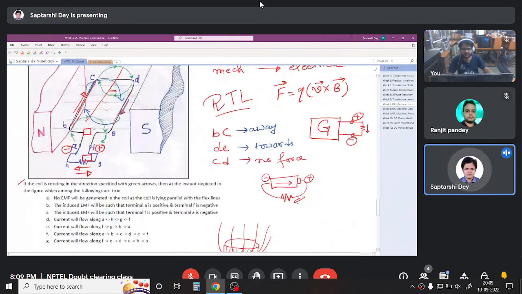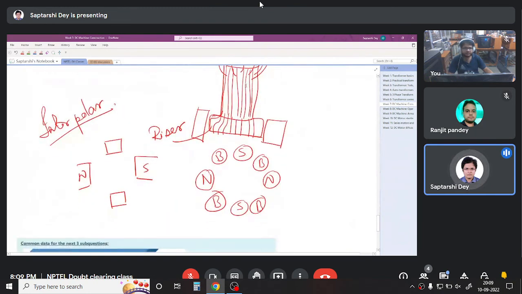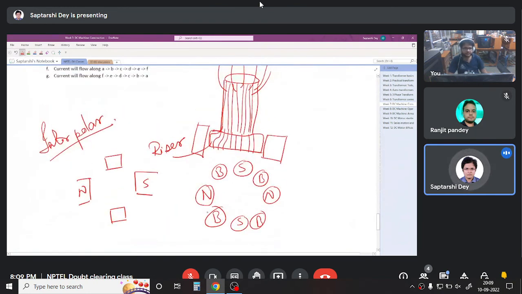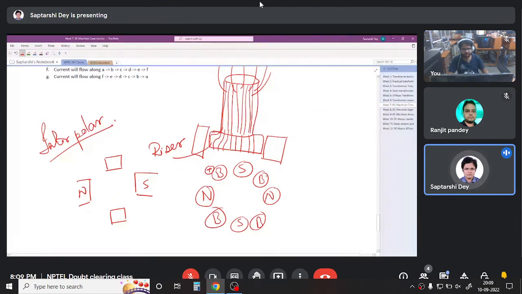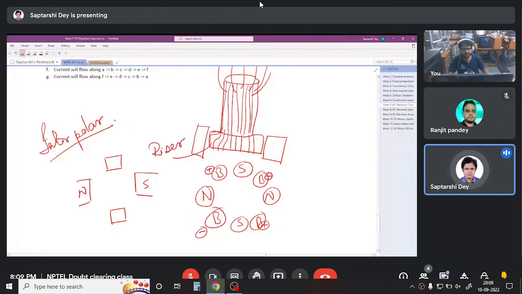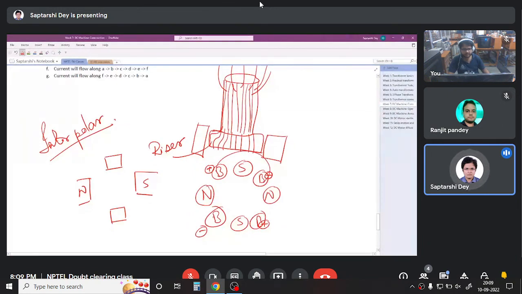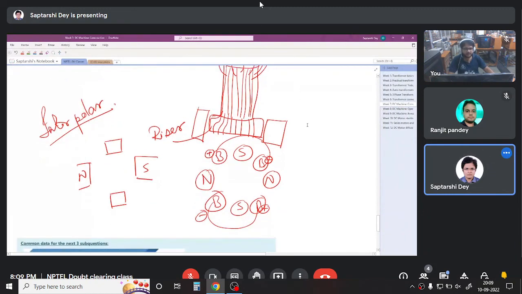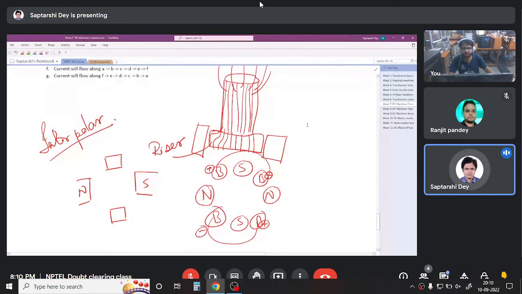We connect the windings to the commutator, put brushes at proper places, and this way we create poles on the armature. Once we have brushes, say this is positive, this is negative, this is positive, this is negative. So this plus minus supply comes from one pole pair, and this comes from another pole pair. This is how poles are created on the armature in a DC machine, by putting brushes at proper places.